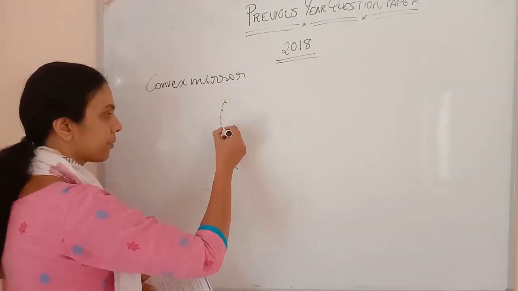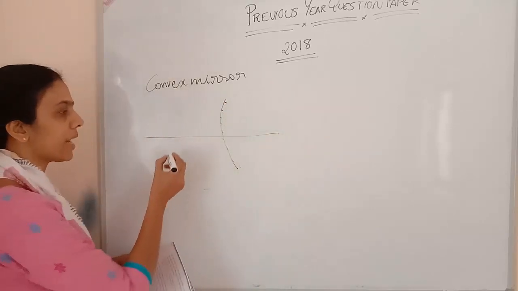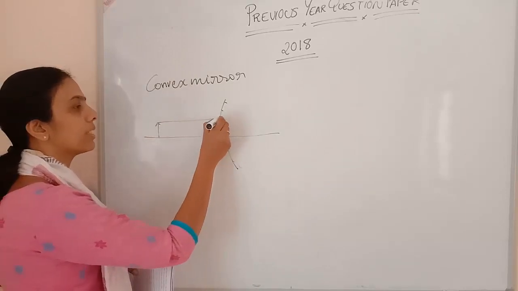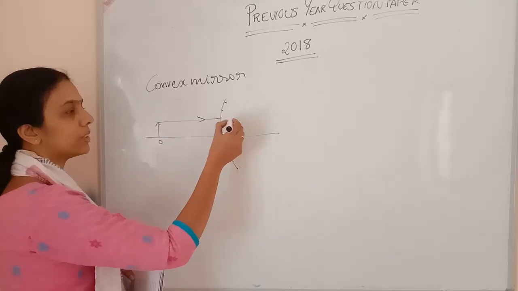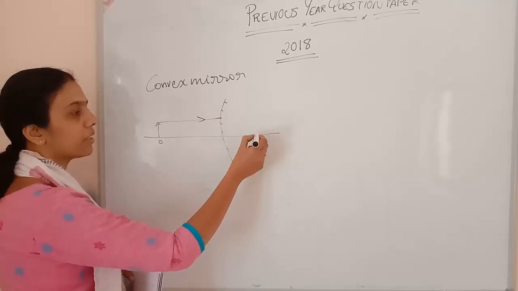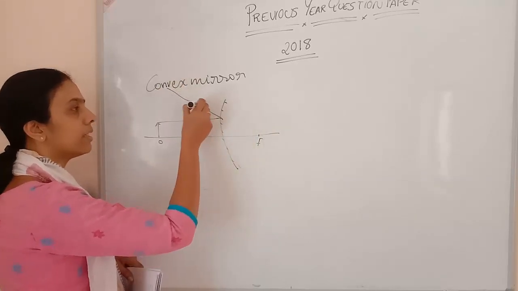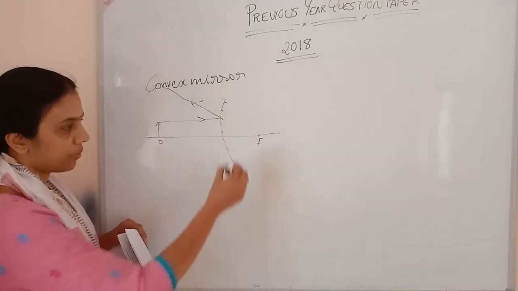Draw a ray diagram to support your answer. Convex mirror, this is the principal axis. At one position you can keep the object. Rays which are passing parallel to the principal axis, what will happen after reflection? It will reflect and go from the principal focus.